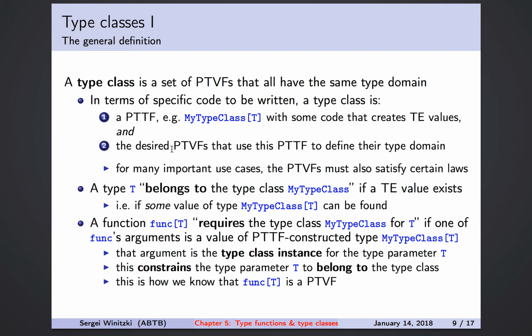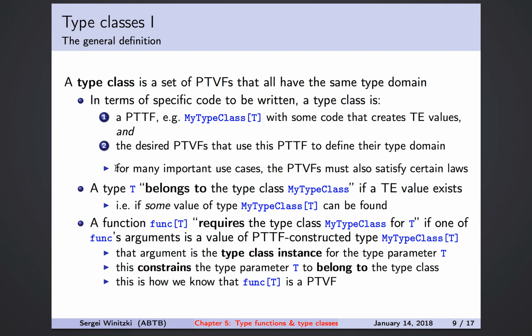So whatever functions you need to define, you write code for them, and you use that PTTF in that code to define the type domain. Also, for many important use cases, these functions must satisfy certain laws, certain equations, for mathematical reasons. Otherwise, it would be unusable, or programs will have difficult bugs. So that's what type classes are.